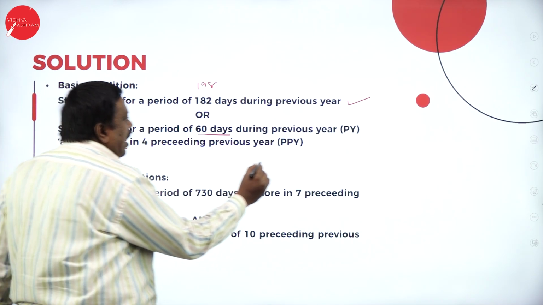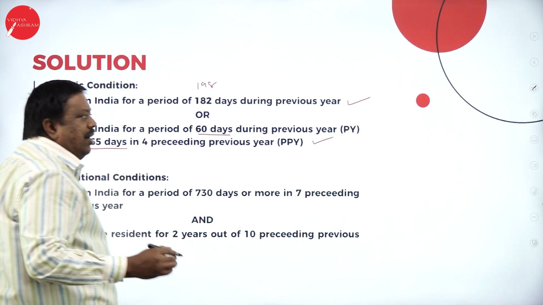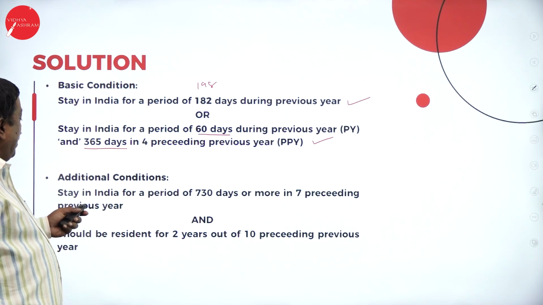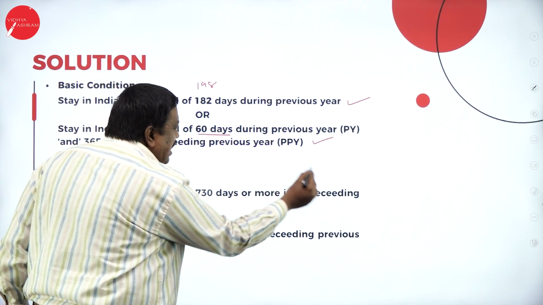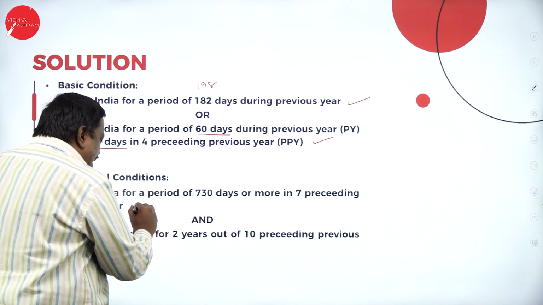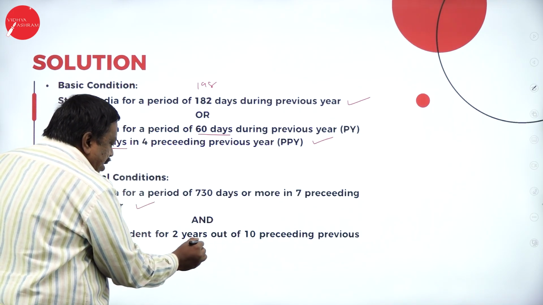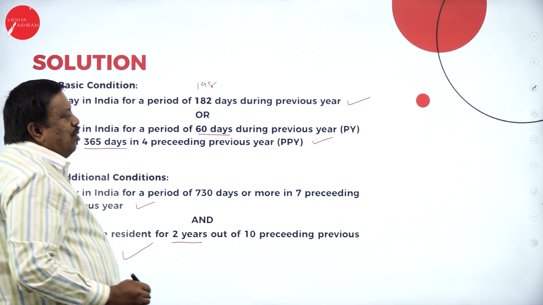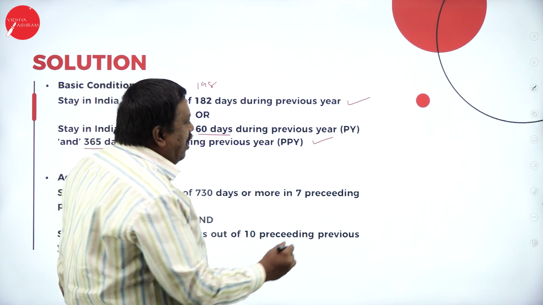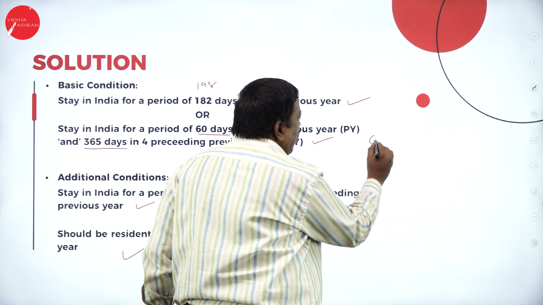So I have satisfied my second basic condition also. What is my additional condition? Stay in India for a period of 730 days or more in 7 preceding previous years. I have satisfied. Resident for 2 years out of 10 preceding, I have satisfied. So my status will be, conclusion.